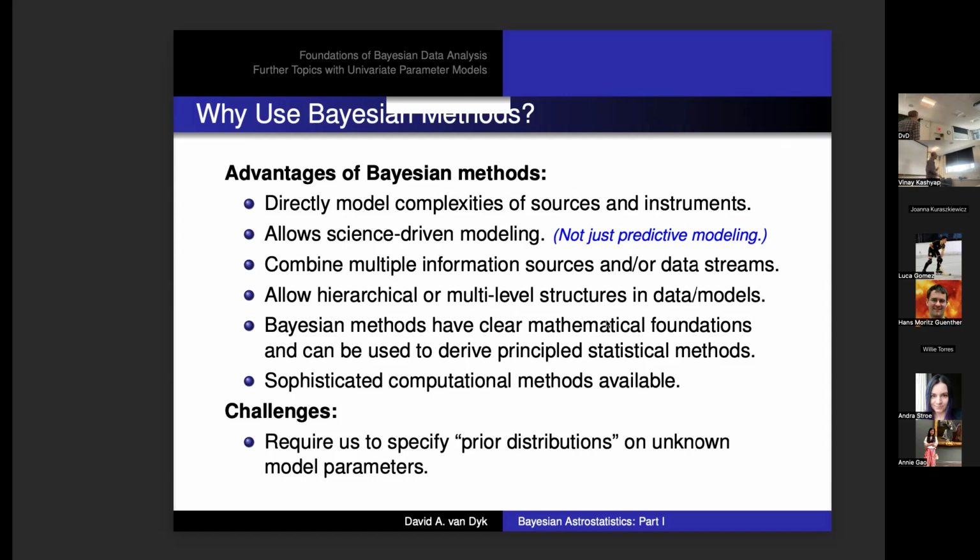The big challenge, why isn't everyone Bayesian, is prior distributions. We'll formalize this later, but just have that in the back of your mind. Prior distributions require me to say something about what I believe or expect the range or values of unknowns to be in advance of doing my analysis. And for many scientists and statisticians, that's a non-starter.